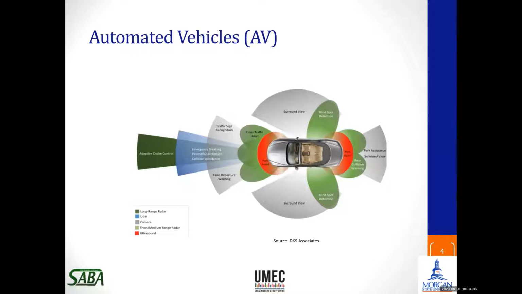Level 0 is no automation, to level 5 that is fully automated or self-driving vehicle. We use different kinds of technologies to make fully automated vehicles, as you see in this picture.